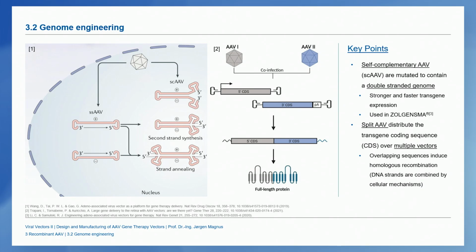Another interesting trick that has been used actually in Zolgensma, which is the gene therapy for spinal muscular atrophy, is that they included a self-complementary AAV.